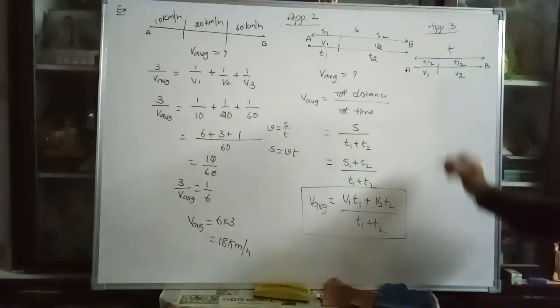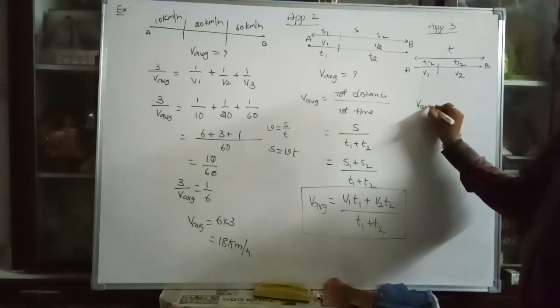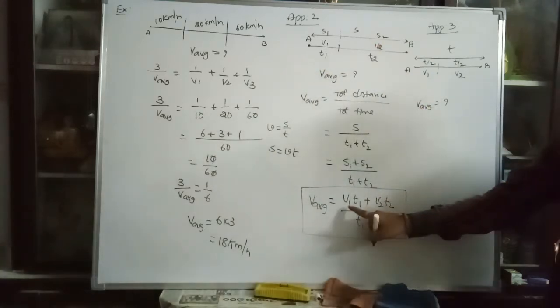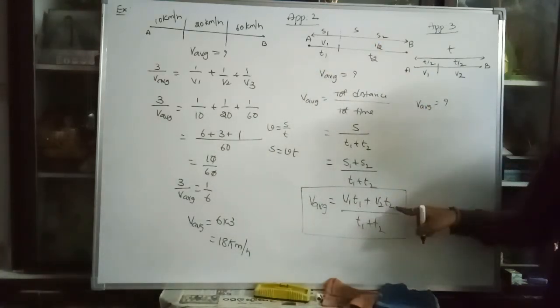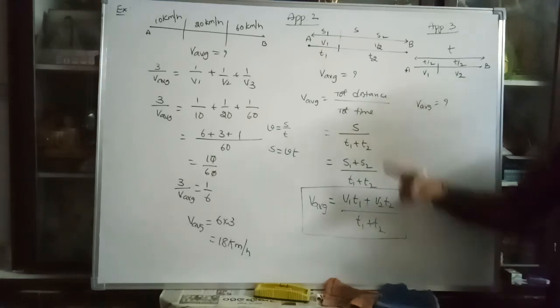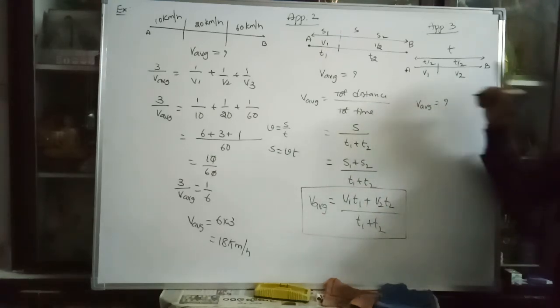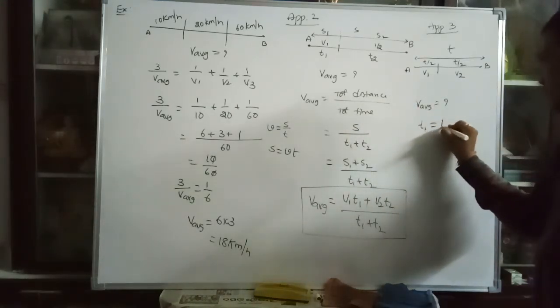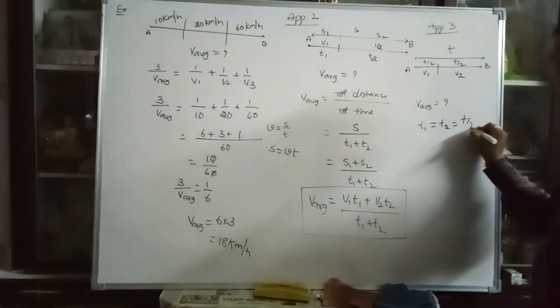Then the average speed is v average. According to the previous application, it is v1 t1 plus v2 t2 by t1 plus t2. Here, according to application number 3, the time intervals are exactly half, so t1 equals t2 equals t by 2.